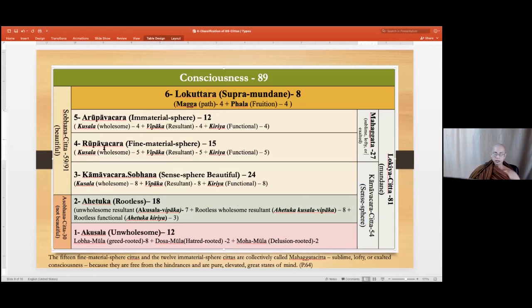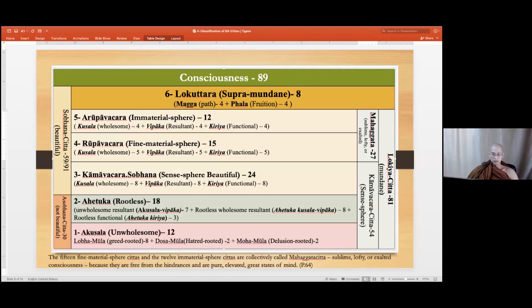And also the number 4 and number 5, Rupa Vachara, fine-material sphere consciousness 15, and Arupa Vachara, immaterial sphere consciousness 12, together 27 consciousness, are collectively called Mahaggata consciousness. Mahaggata means sublime consciousness. They are in the higher ranks.